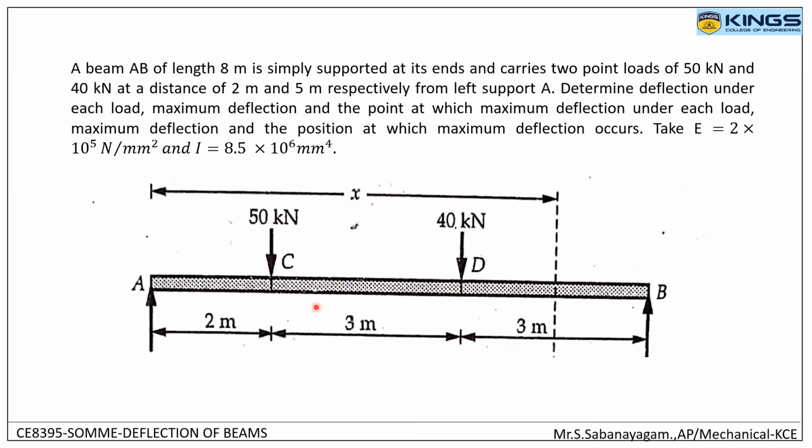Since the loads are in between the points A and B, the maximum deflection will be at a point between C and D. This area will have the maximum deflection, right? And the other data are Young's modulus for this beam is 2 into 10 power 5 Newton per mm square and the inertia is 8.5 into 10 power 6 mm power 4.